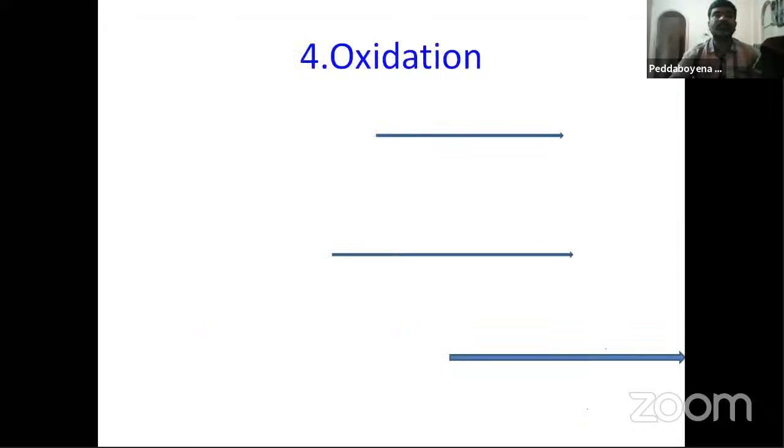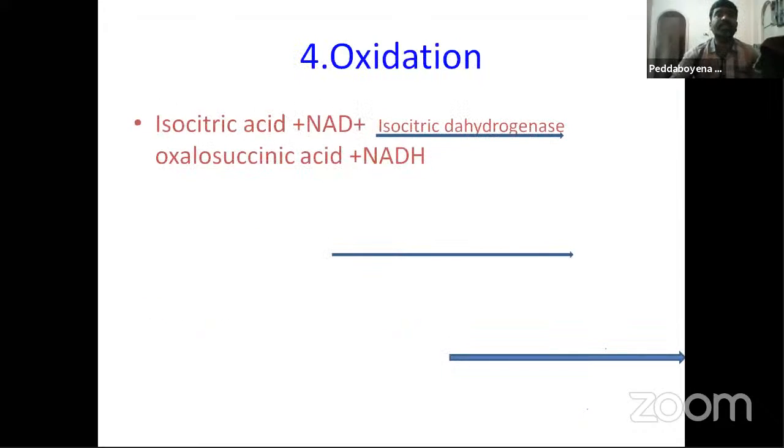Next is oxidation. Isocitric acid is involved in the oxidation process, meaning NAD plus is reduced to NADH. Isocitric acid is converted into oxalosuccinic acid in the presence of isocitric dehydrogenase.